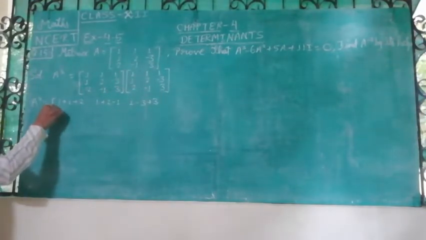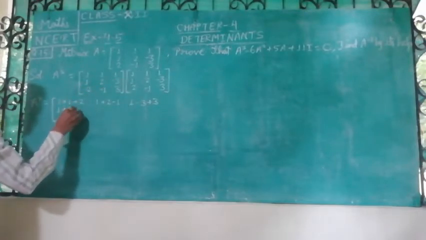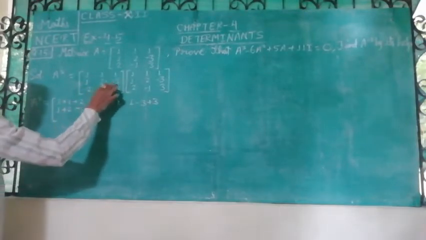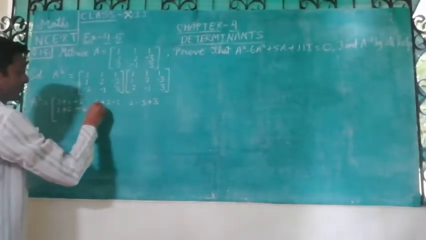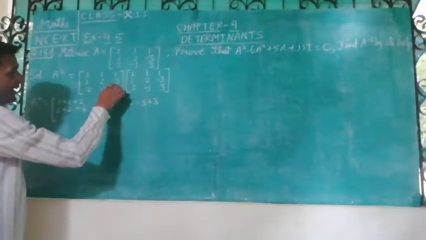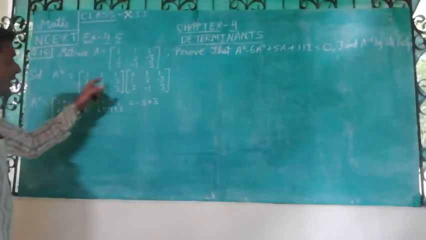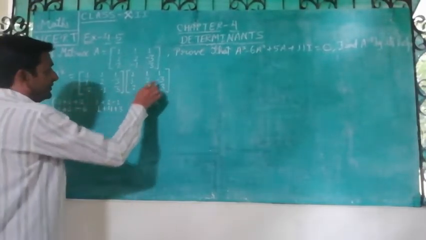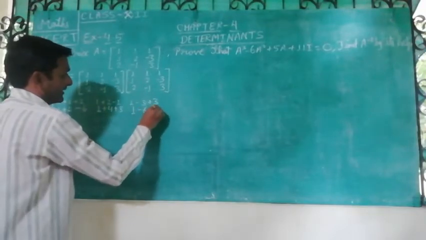So 1 plus 2 1s are 2 plus minus 3 2s are 6. Now 1 into 1 is 1 plus 2 into 2 is 4 and then minus 3 into minus 1 is plus 3. Now 1 1s are 1, minus 3 2s are 6 and then minus 3 3s are 9.